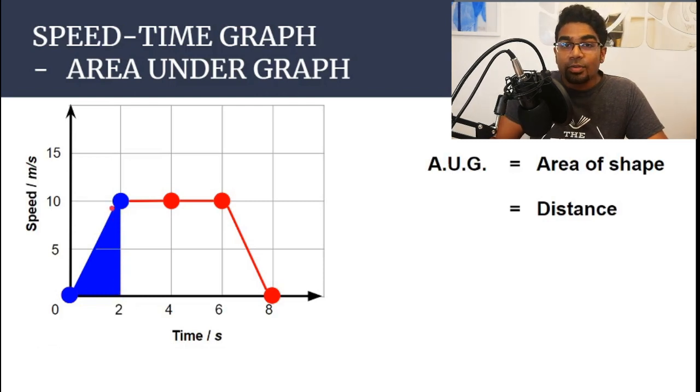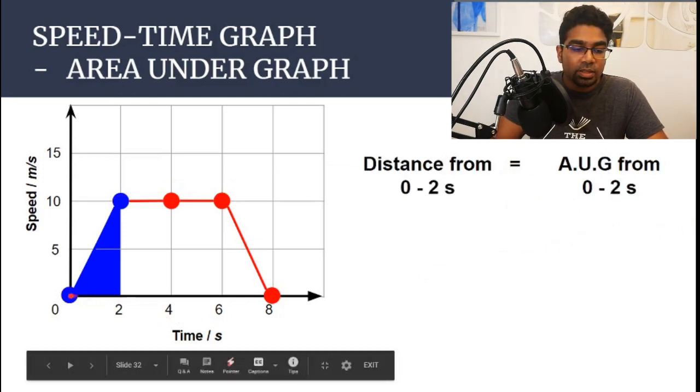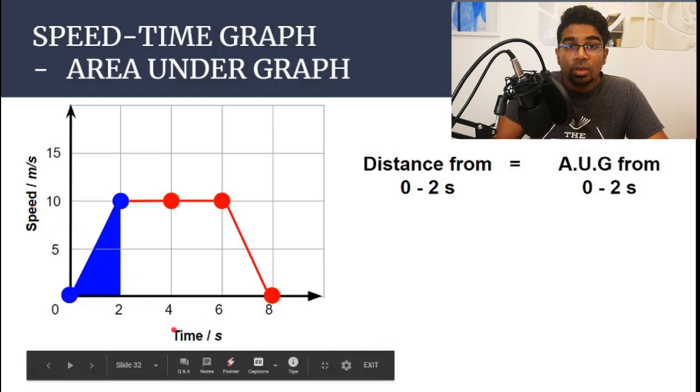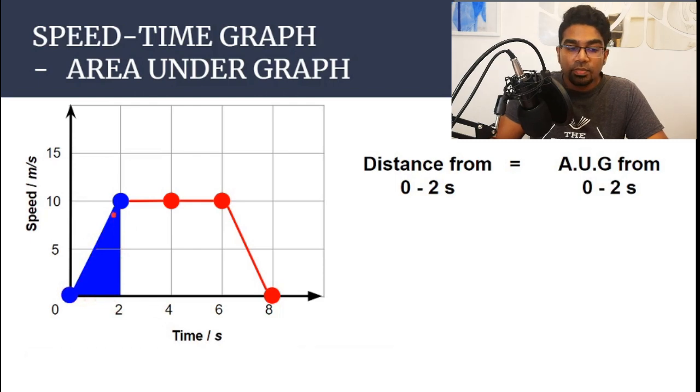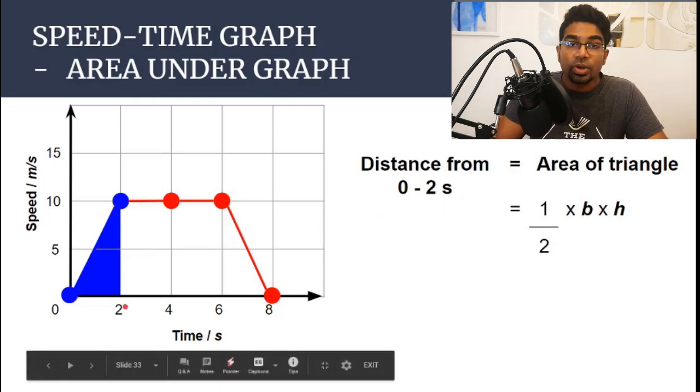The area under the graph for a speed time graph will give us distance. So let's say we wanted to calculate the distance from 0 to 2 seconds. Since this is a speed time graph, in order to calculate the distance, we need to find the area under the graph. So this shape here is a triangle, this blue triangle.